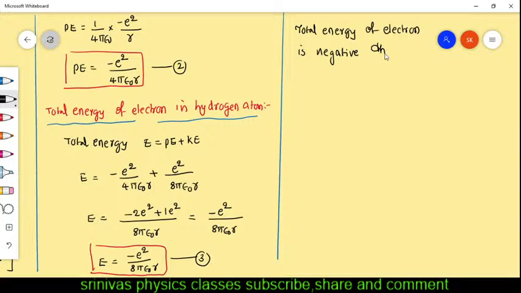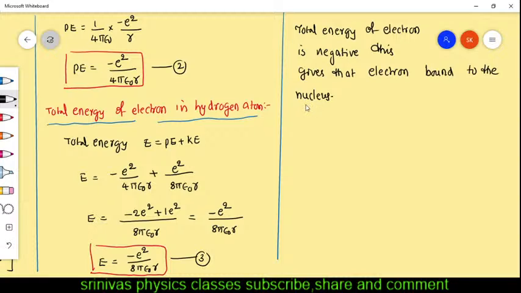This gives that the electron is bound to the nucleus. The electron is not allowed to escape from the nucleus. That's why the electron has negative energy.